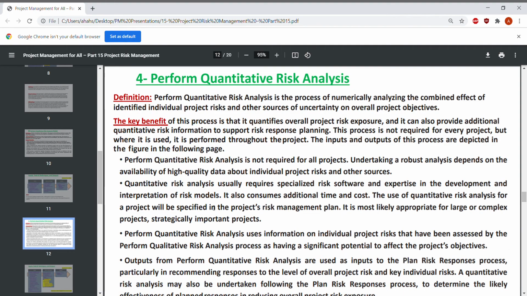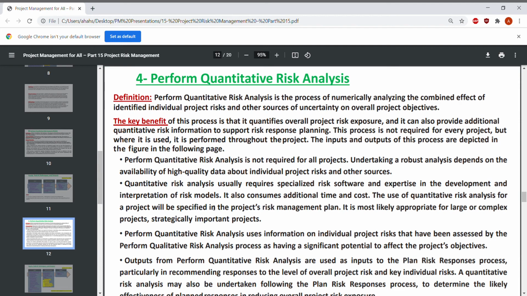So the fourth process in project risk management is to perform quantitative risk analysis. In the previous process, we did the qualitative analysis, the probability and the impact of each risk. Now we do the quantitative risk analysis.